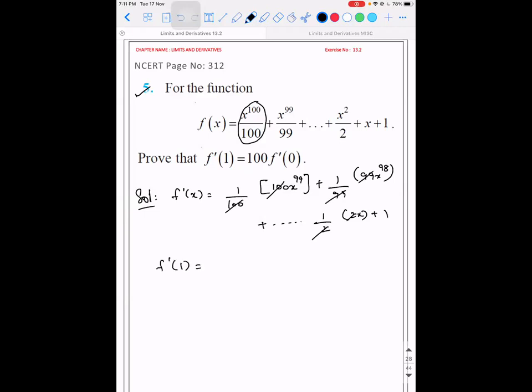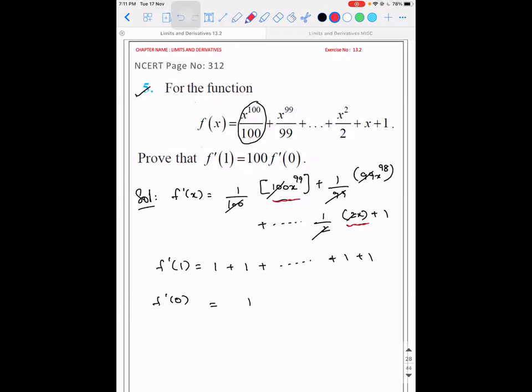What is f dash of 1? It is 1 plus 1 plus so on plus 1 plus 1. What is f dash of 0? f dash of 0 is only 1 because from the first term till the last but one term, you will substitute x is equal to 0.